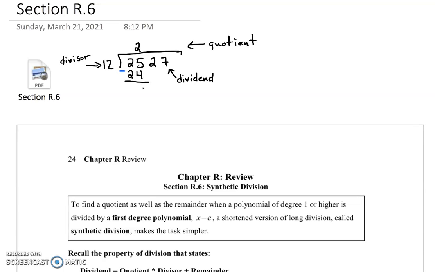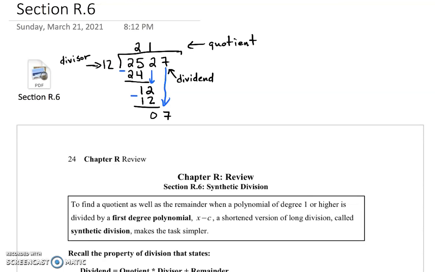So 25 minus 24 is 1. Then we bring down the next digit, which happens to be a 2. Now, 12 divides into 12 once. We multiply that 1 times 12, which gives us 12, and we subtract, which gives us 0, and then we bring down the 7.